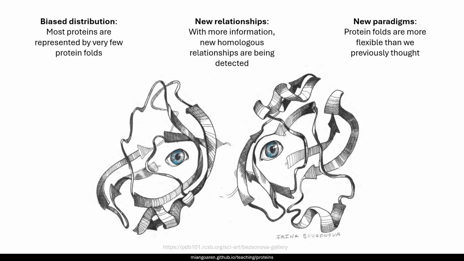As a second point, we also have that there is obviously more information, and from it we can make new observations, such that we have begun to find new relationships of homology between folds that we previously thought had no evolutionary relationship with each other. And finally, we will address new paradigms that are occurring within structural biology, where we are really beginning to recognize that the structure of the protein is much more flexible than what we had previously thought or observed.